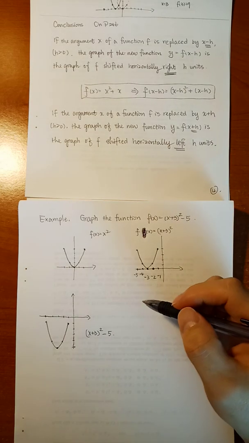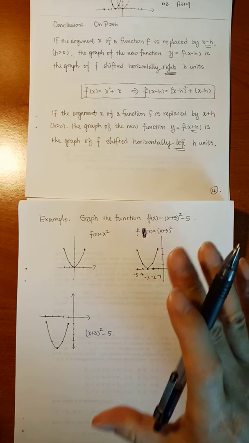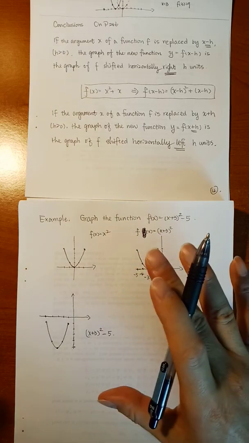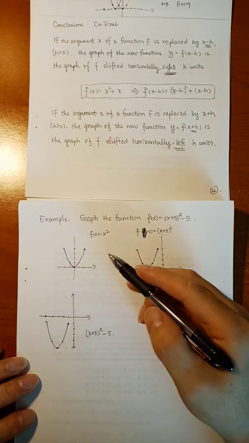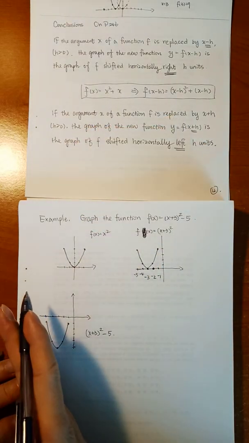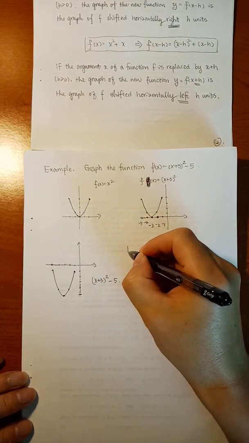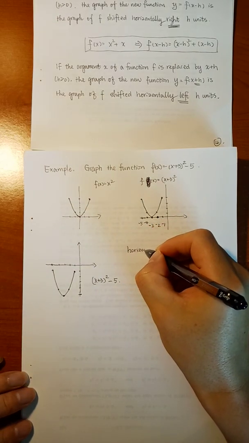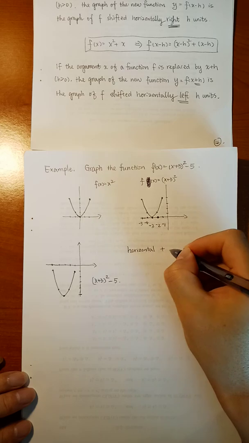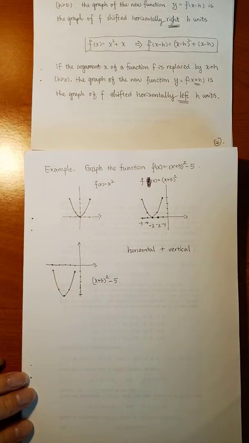And in this example, if you just combine the horizontal and the vertical shift, you can first do the vertical shift and then do the horizontal shift. It's the same thing. This is horizontal plus vertical. Now let's try a different way.